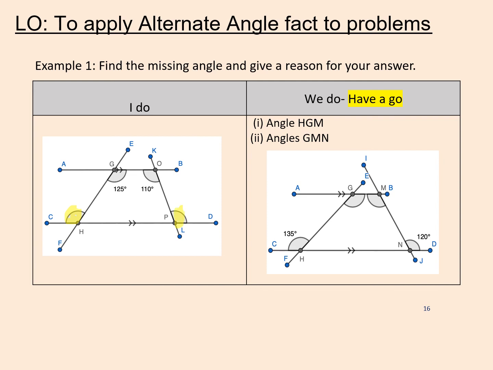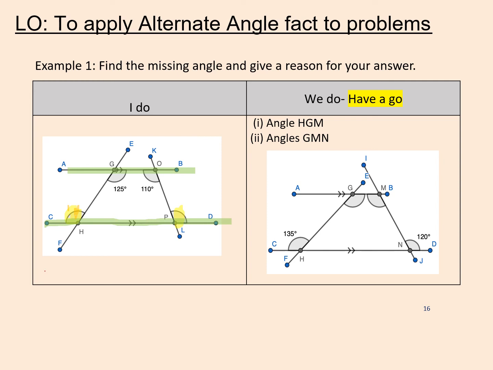I've got 2 parallel lines going across, which means there's a relationship between this angle here and this angle here. Now these are alternate angles.